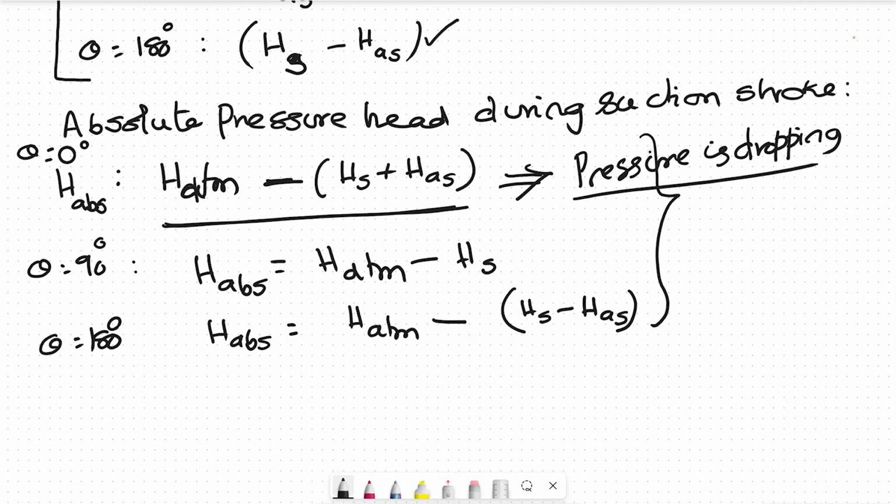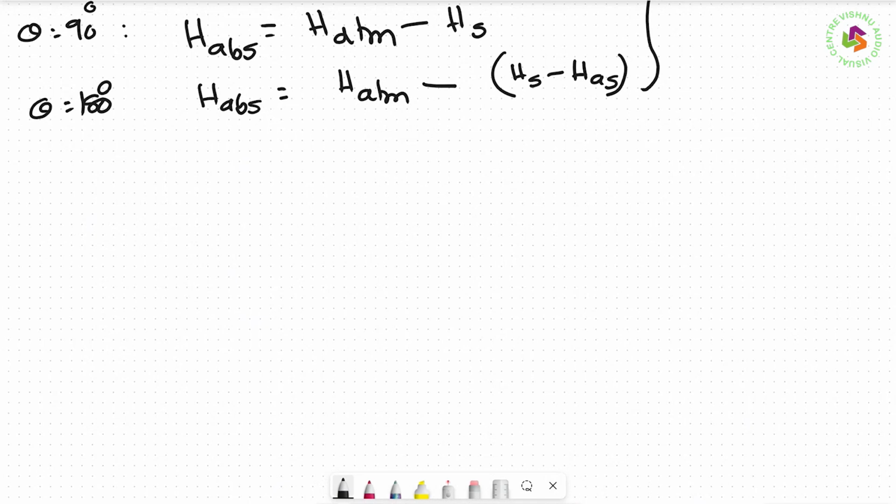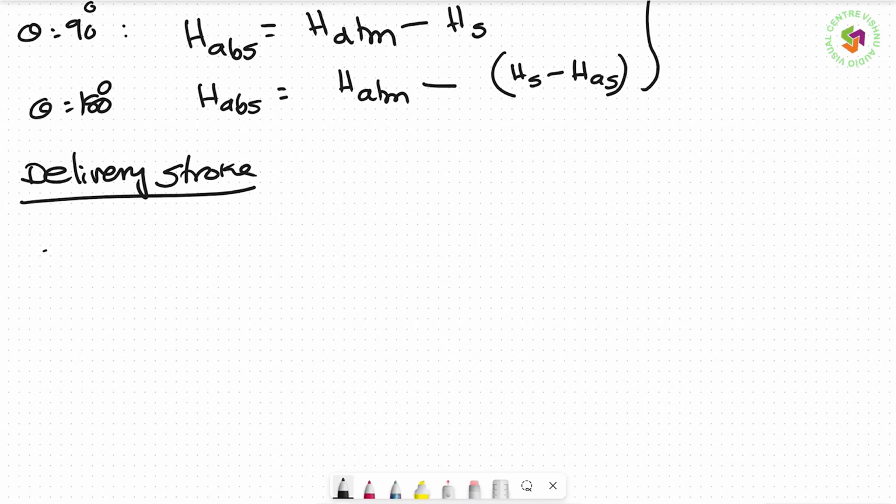Here, this is crucial for us. Then, for example, if I take the delivery stroke at the beginning, when theta is equal to 0, then basically what is the point?